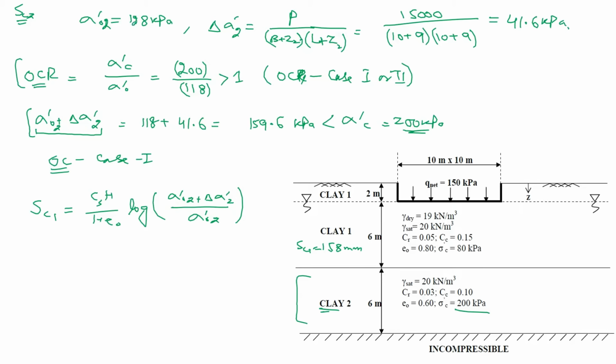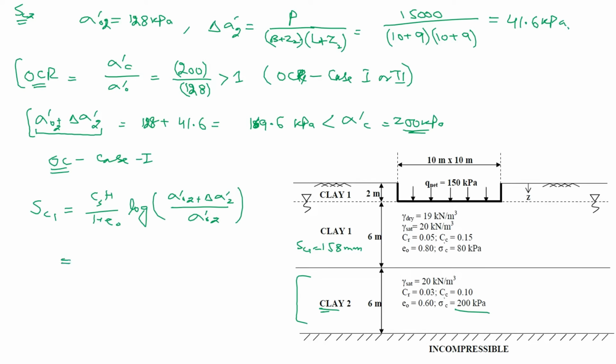I think this was 128. There's about 38, 90 plus 38 will be 128. So we can write it as 128, 169. This is a mathematical error. Sorry for that. If we make it as 128, it will be still greater than 1 because 200 is greater than 128. So it will be 169.